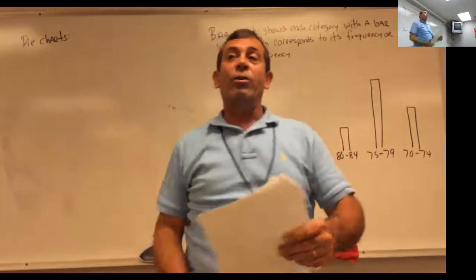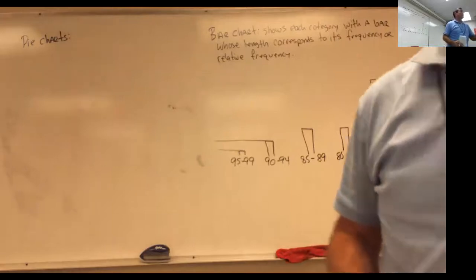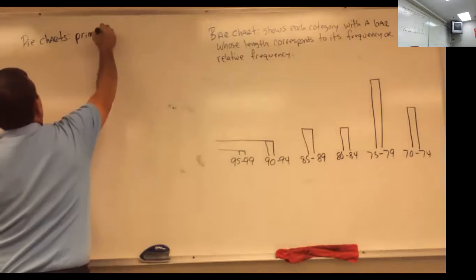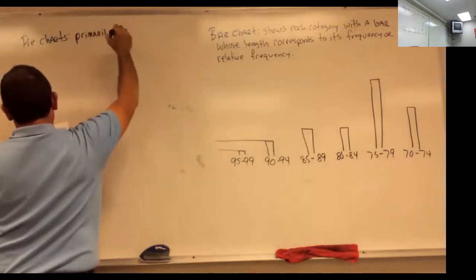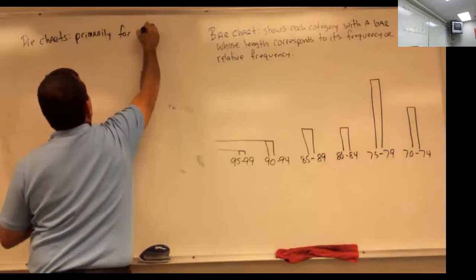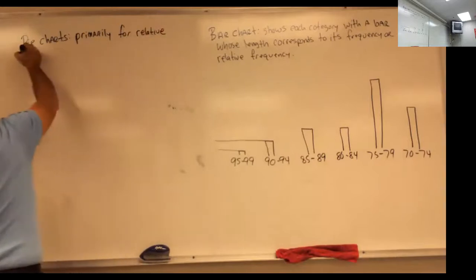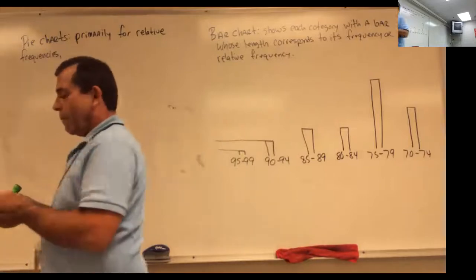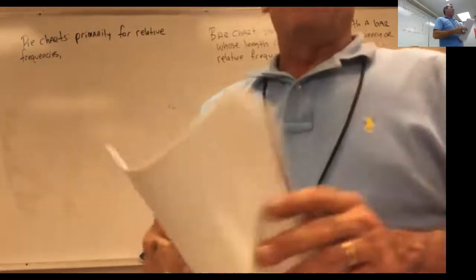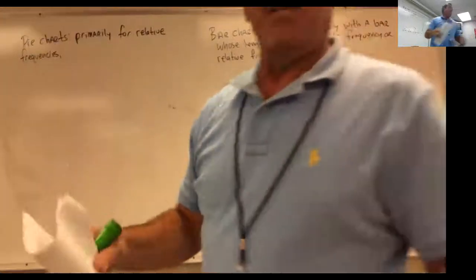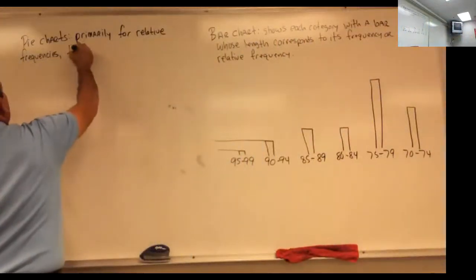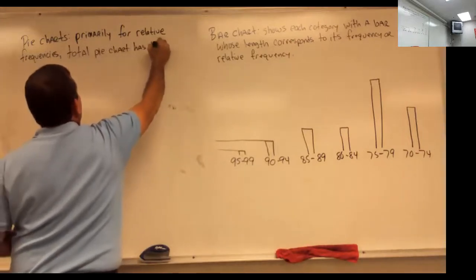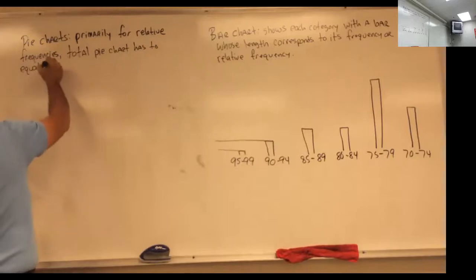I will say pie charts are more reserved for relative frequencies. And the total pie has to equal 100%.